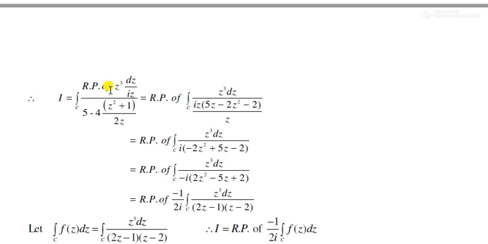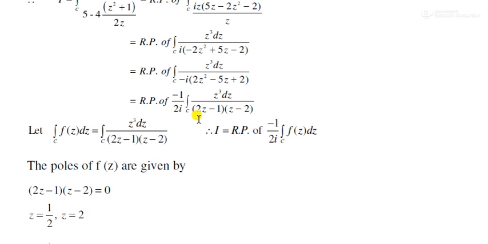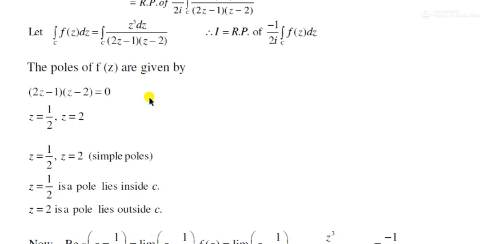Substituting for cos 3θ, cos θ and dθ, we get an integral fully in terms of z. This is the real part of the integral over C of z³ dz divided by some function of z. On simplification, we get the integral over C of z³ dz by (2z - 1)(z - 2). Later on we will take care of this real part.